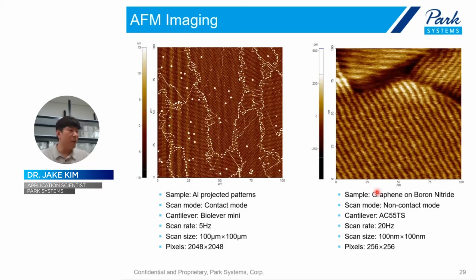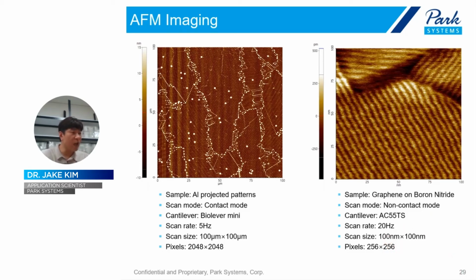Okay, here is a very simple but very intuitive example. This left one is imaging of an aluminum projected pattern, 100 by 100 micrometers. And this right one is a graphene pattern, 100 nanometers by 100 nanometers.